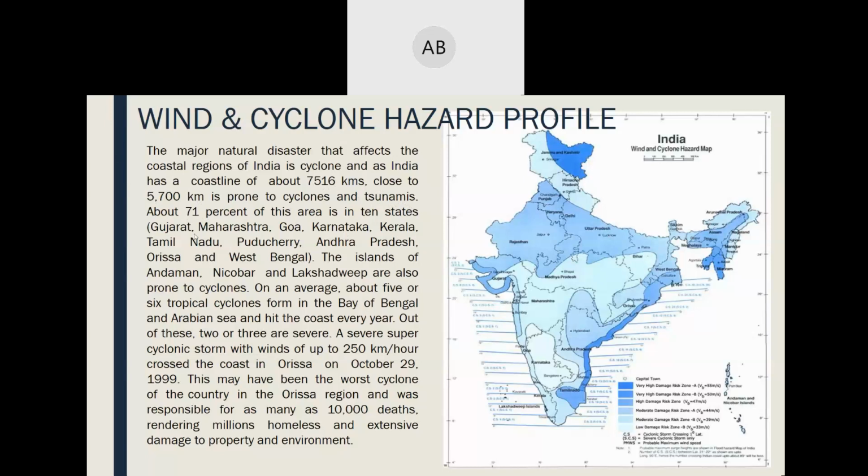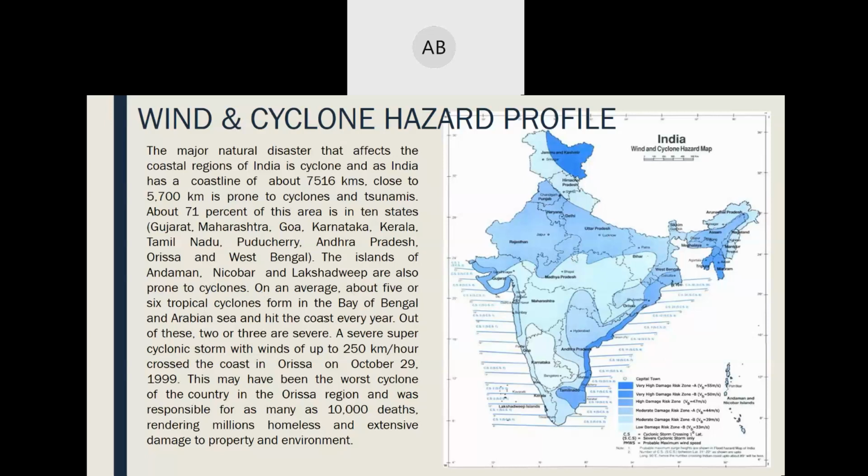Most of the affected states are Gujarat, Maharashtra, Goa, Karnataka, Kerala, Tamil Nadu, Pondicherry, Andhra Pradesh, Odisha, and West Bengal. So mostly all these coastal states. The islands of Andaman, Nicobar, and Lakshadweep are also prone to cyclones. These small, tiny islands in the Indian Ocean are also affected by these cyclonic activities.